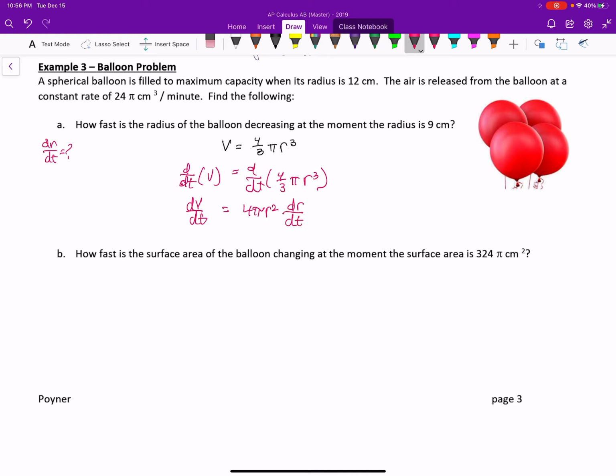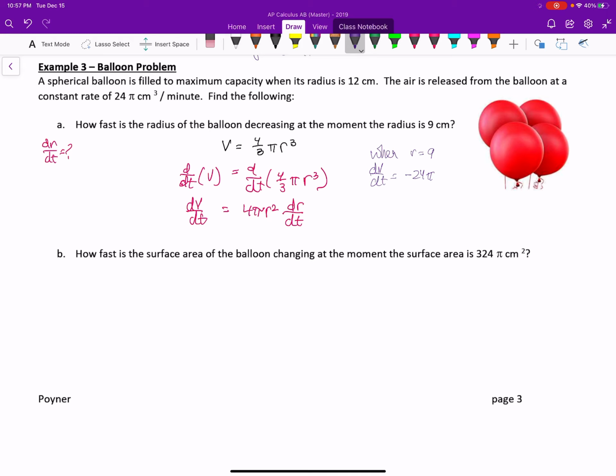So here's my formula. Now I have to state the instant I'm interested in, when r is equal to 9. And some things that I know for sure that are given: I am given dV/dt, the volume is changing at a constant rate of 24 pi cubic centimeters per minute, but it's decreasing, so that means it is negative.